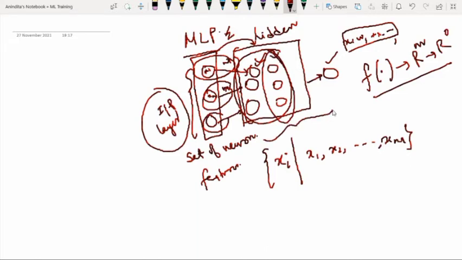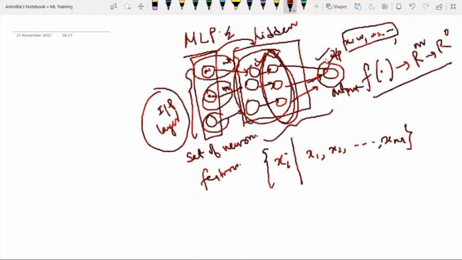From this diagram it is clear that it doesn't matter how many hidden layers we have. The output layer is the final layer which receives all the processed information from the last hidden layer, and it transforms them into the output, and then only we get the output.